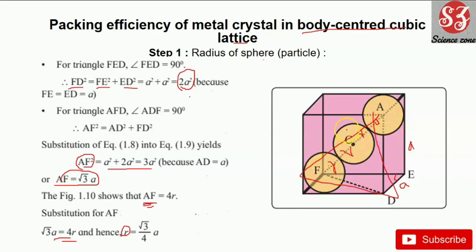So just substitute the value for AF, which is equal to 4R, and you will get the R, that is equal to under root 3 by 4A. So the radius over here for each sphere in body centered cubic lattice is under root 3 by 4A.